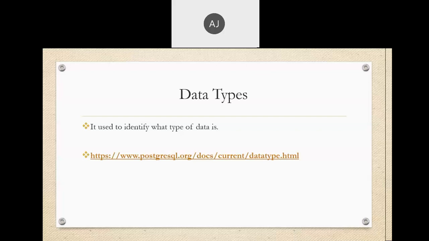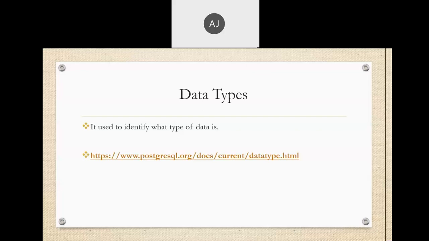For that, I will suggest this link. You can snap this link and visit it, and you will get the details about the data types. We will just overlook the data types because we are dealing with basic operations in this section. We don't need the major data types.